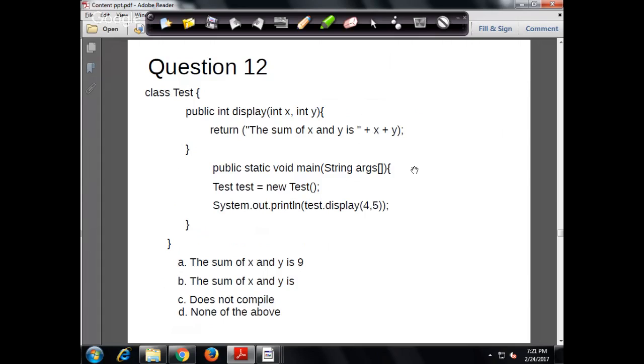Jitendra says A, Rohan says D, Ajay says B, Santosh says C. Okay, I have Jakapati saying C, it doesn't compile. Okay, so let me show you the tip for this particular question.